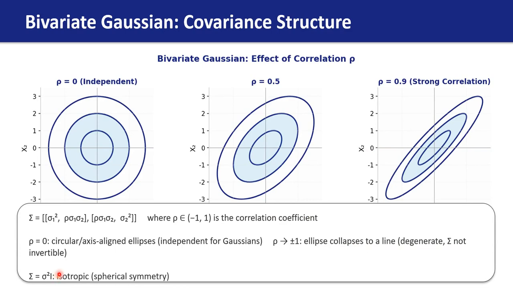In 2 dimensions, the covariance matrix has a simple form. X equals x1, x2 with mean mu1, mu2.